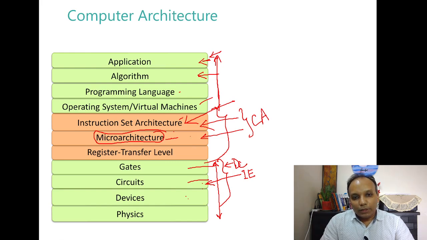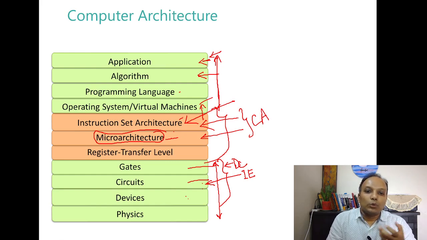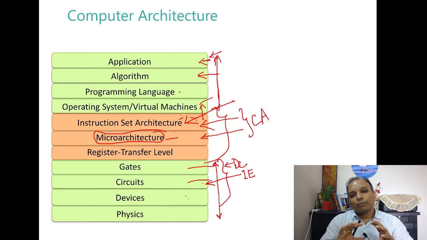Now, from this abstraction layer diagram itself, you can guess that the instruction set architecture gives information to the programmer, which the programmer needs to know while writing the code, and I will come to that in more detail in our subsequent slides. So, this instruction set architecture is more like a theoretical aspect of how the compute platform will be, the theoretical information which the programmer needs to know.